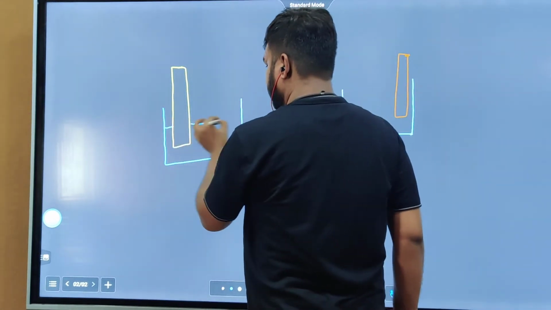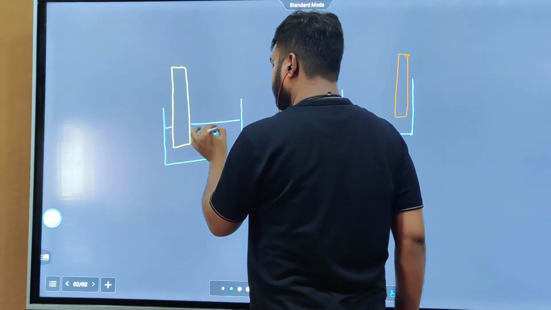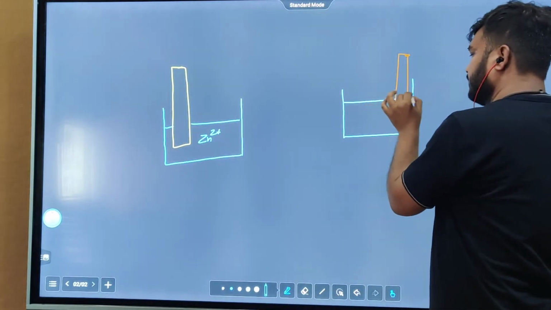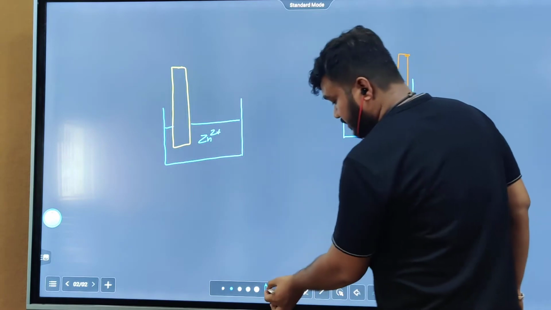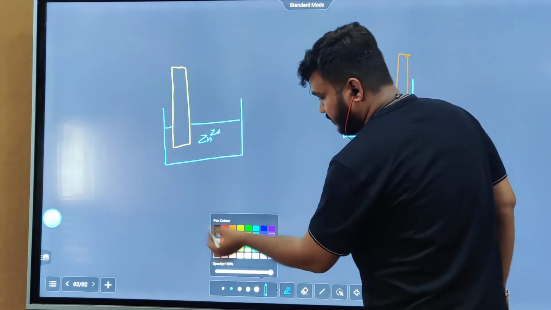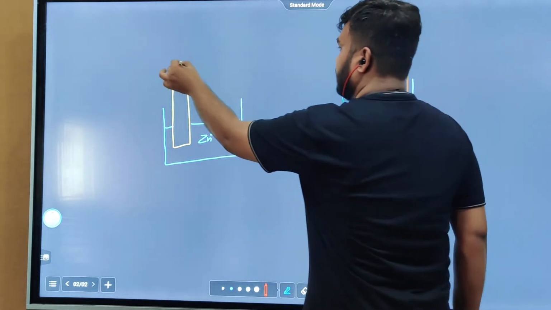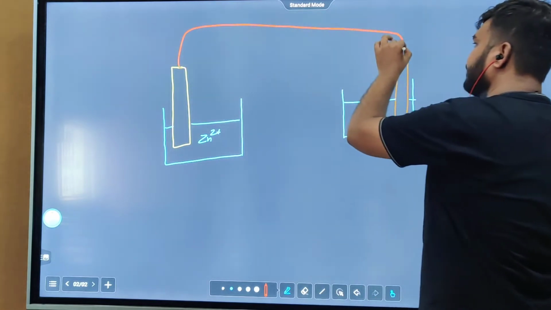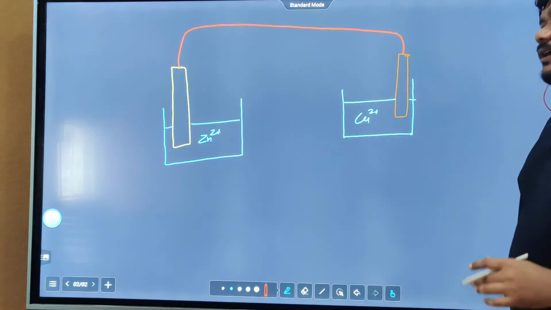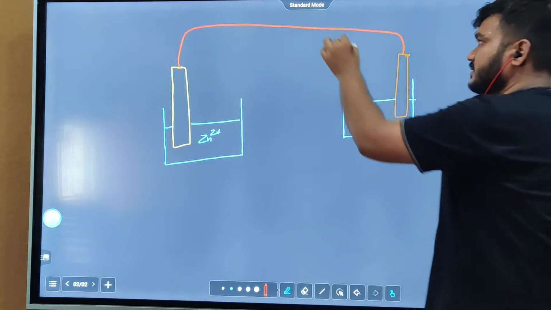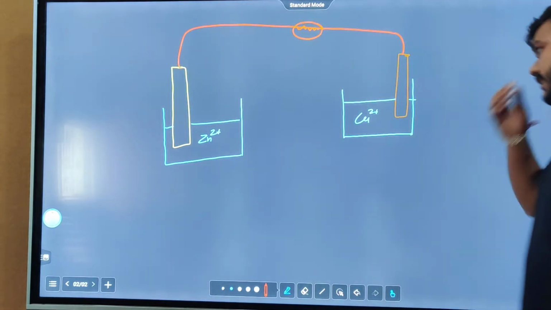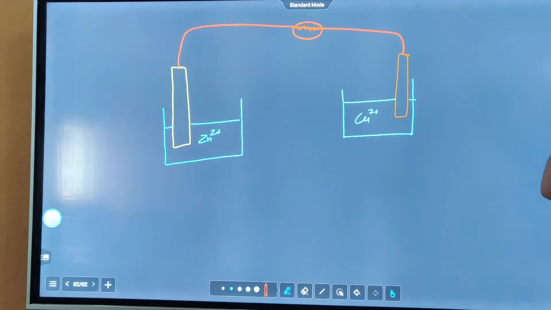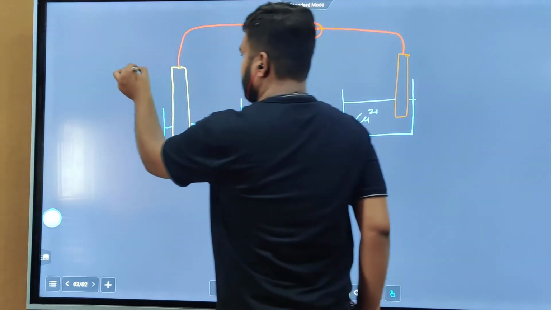Here, Zn2+ ion concentration is there. Here, we have Cu2+ ion. Suppose I use a wire, a thread, just like that. Now, how will you know current is flowing? So let us attach a bulb. If the current is flowing, then the bulb will glow.